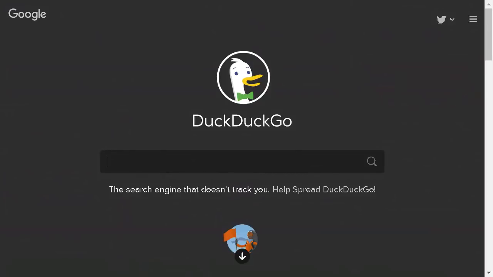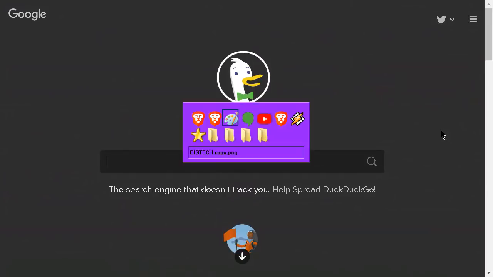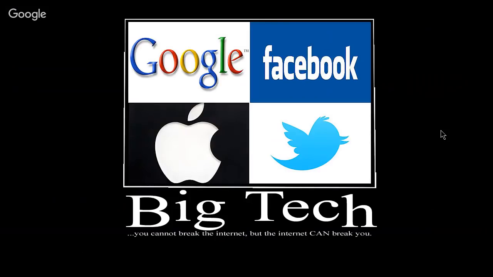Since Google owns YouTube since only 1 year after it was created, in other words, YouTube rolled out in 2005. By 2006, Google purchased it, and they're trying to ruin it. And I just reiterate, dear Google and Facebook and Apple and Twitter, you cannot break the internet, but the internet can break you.